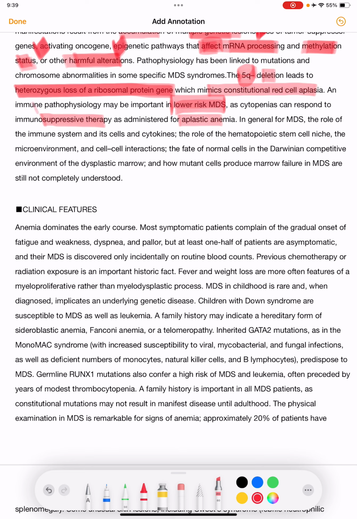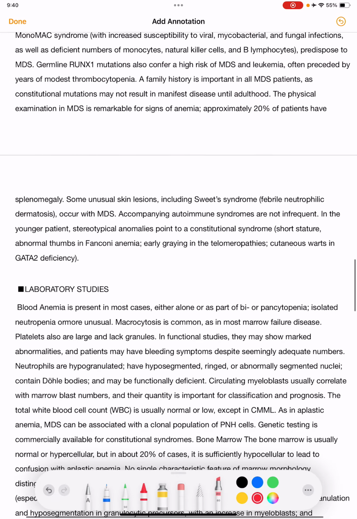In general for MDS, the role of the immune system and its cells and cytokines, the role of the hematopoietic stem cell niche, the microenvironment and cell-to-cell interactions, the fate of normal cells in the Darwinian competitive environment of the dysplastic marrow, and how mutant cells produce marrow failure in MDS are still not completely understood.